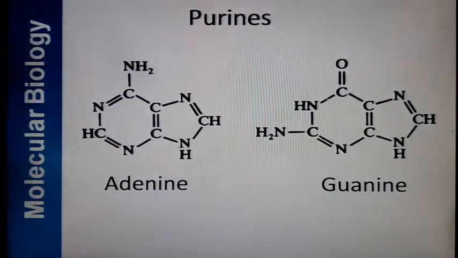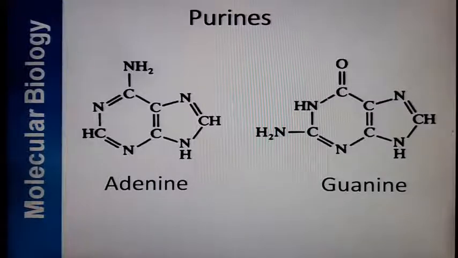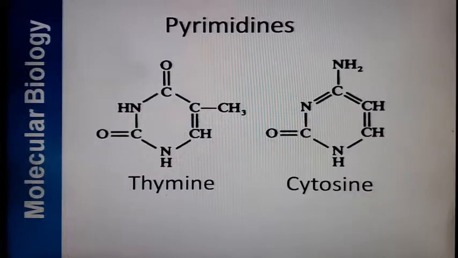He immediately could understand how these three constituents are linked together. These two are the molecules of purine, adenine, and these two are the molecules of pyrimidine.